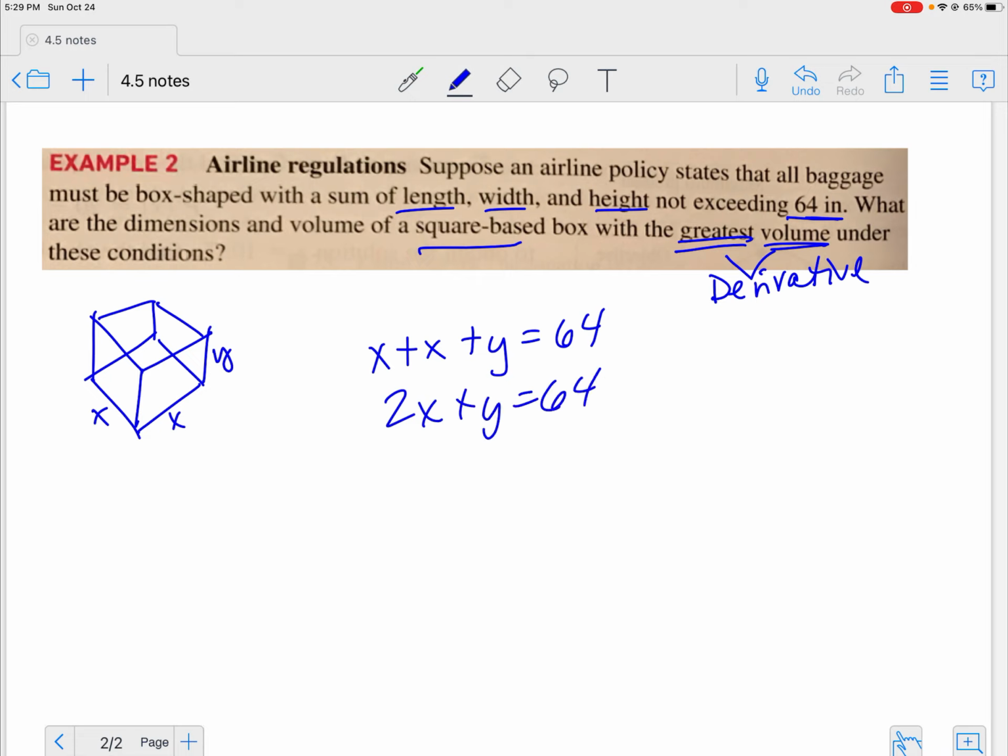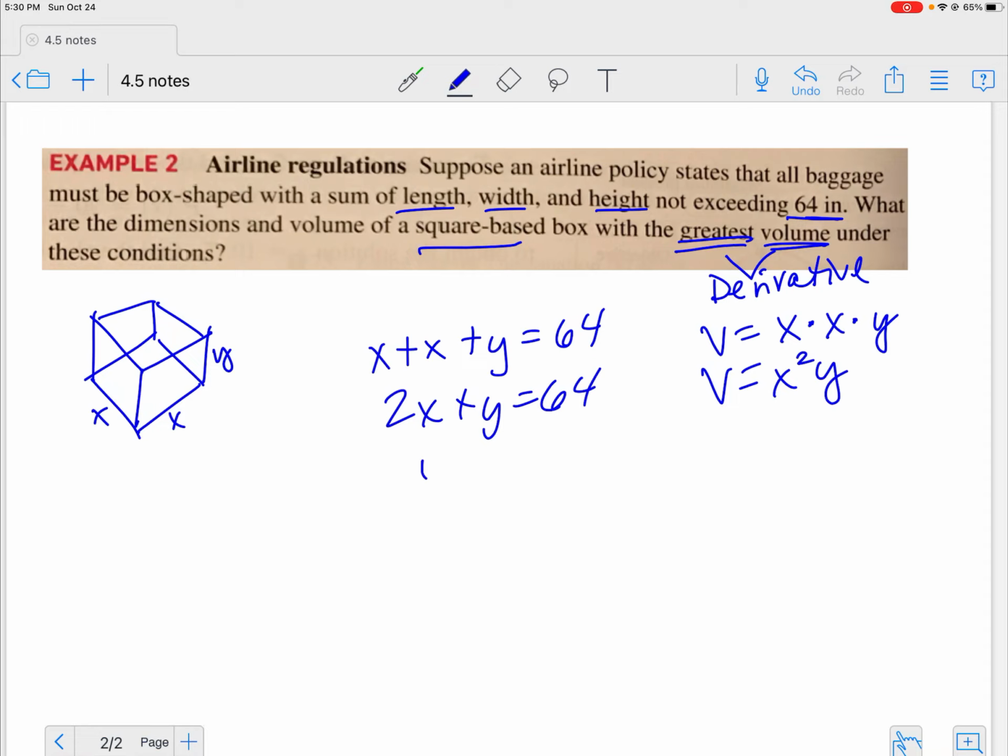Okay, but if I'm taking volume, because that's going to be my derivative formula, right? So volume here is going to be length times width times height, because it's a prism. So volume is x squared y. All right. Remember, the volume is what I'm taking the derivative of, but I can't have two variables.